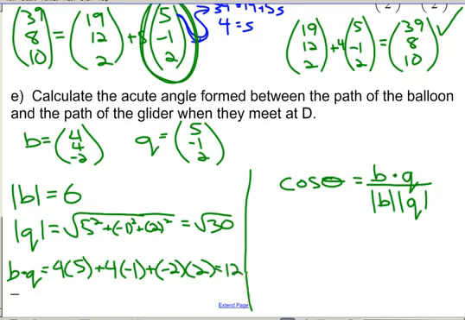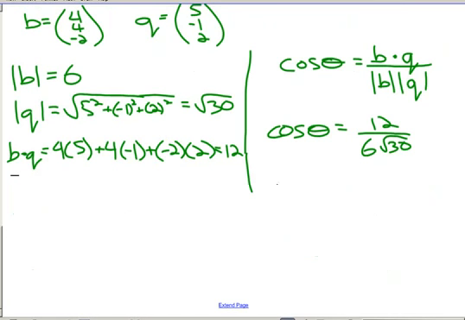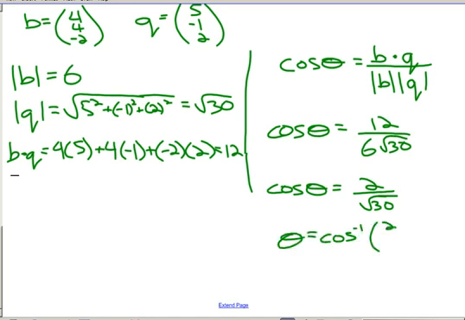Sub it in. We have cos theta is going to be B dot Q, that was 12, all over magnitude of B times magnitude of Q, or 6 root 30. So cos theta, if we simplify a little bit, is 2 over root 30. The angle itself is going to be the inverse cos, or arc cos, of 2 over root 30.